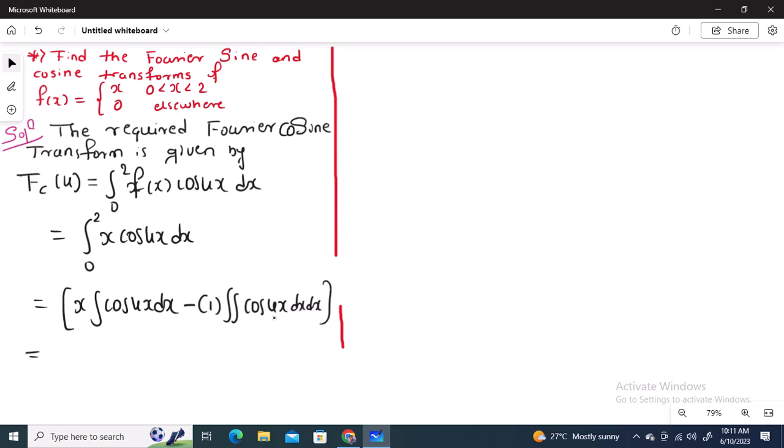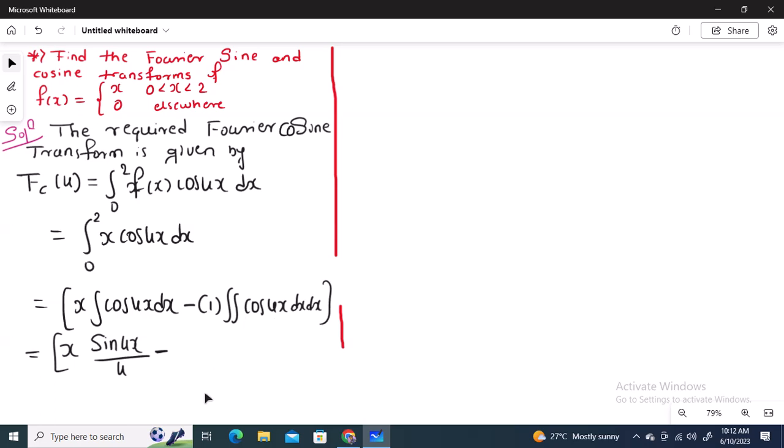So what happens if we simplify this step further? x as it is, integration of cos will be plus sine ux by u, the coefficient of x being u, and then minus 1 and the double integration of cos. One time integration of cos we have written here, sine ux by u, and this we have to integrate one more time, that is nothing but this double integration.